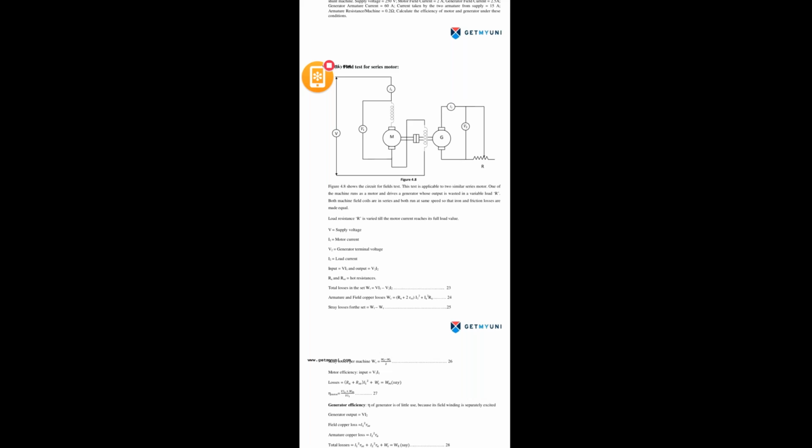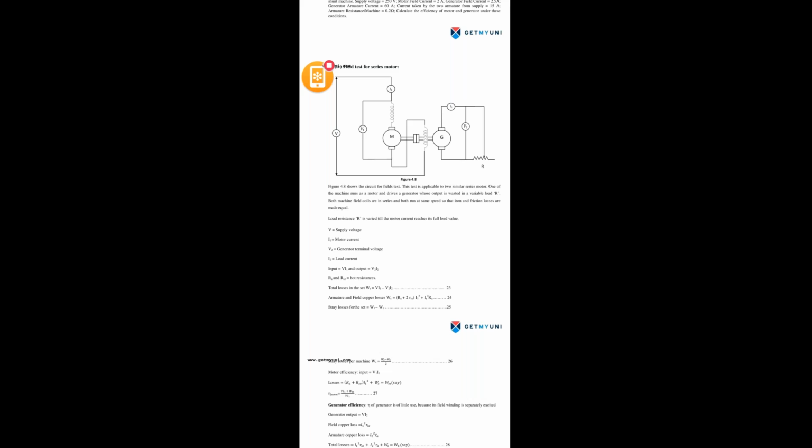So the current directions of motor and generator are opposite. That's why I'm using the minus sign here. That is the total loss in the set, Wt equals V I1 minus V2 I2.